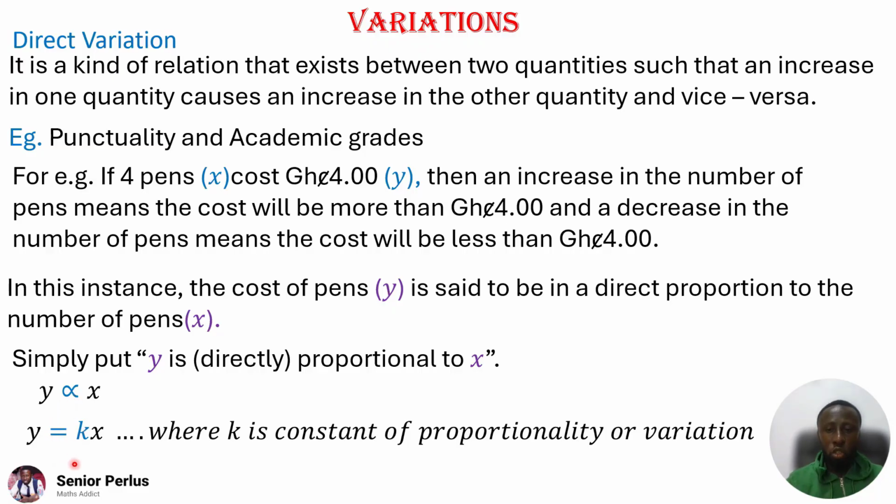So we introduce a constant. If you want to remove the proportion sign, you have to introduce a constant, where k is the constant of proportionality or variation. Good. So the k that we introduce is our constant of variation.